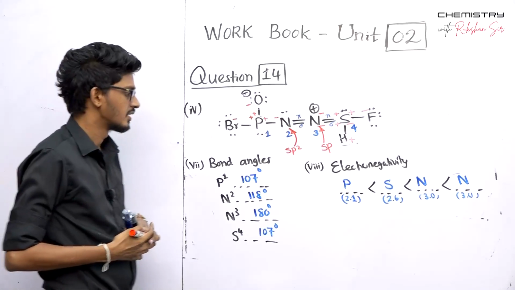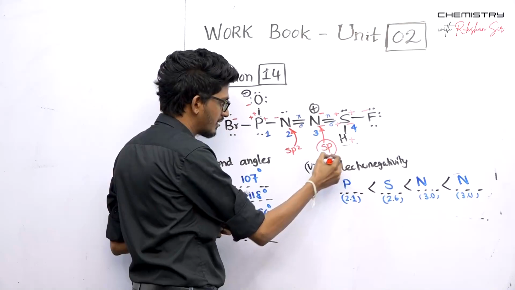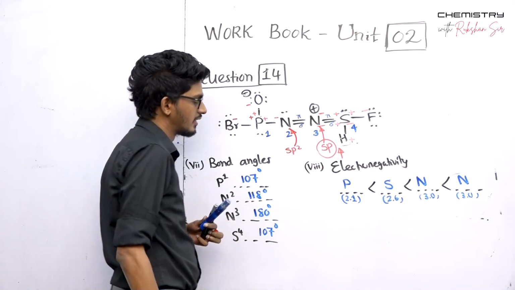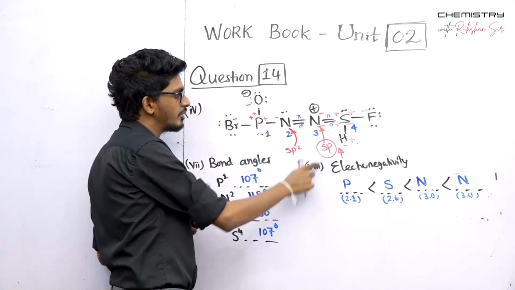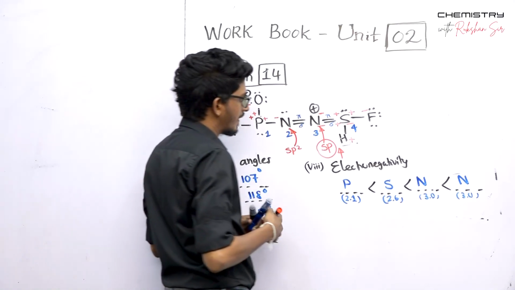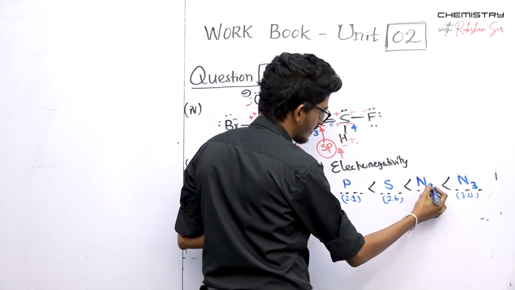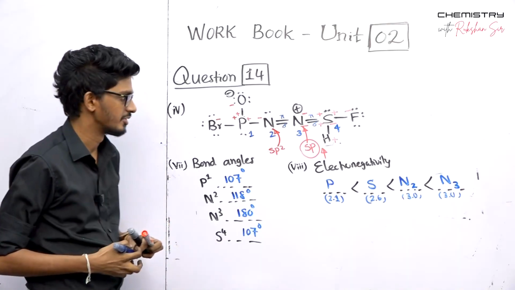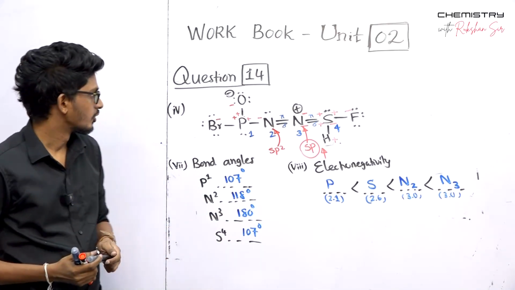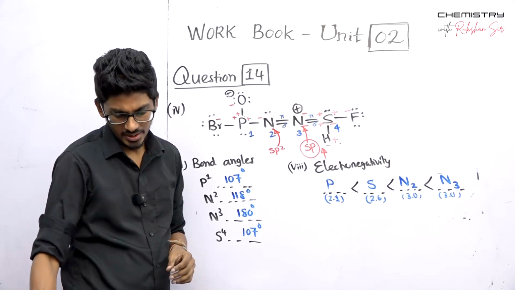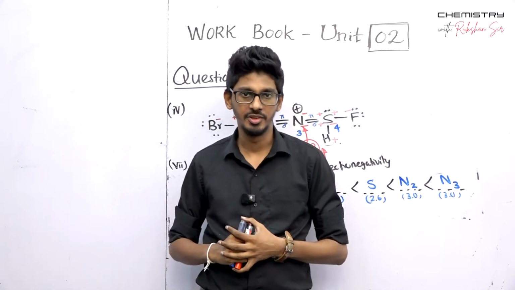The greater the s character, the greater the electronegativity. This one has greater s character, 50%, while here it is just 33%. So N3 has the greatest electronegativity, and N2 is smaller than that. That's it for question number 14. With this, we'll wind up this session today.